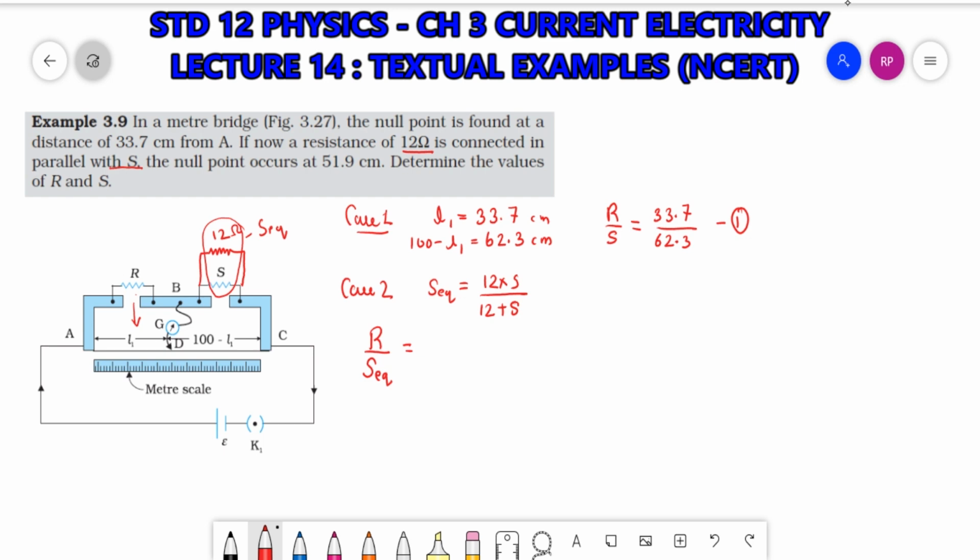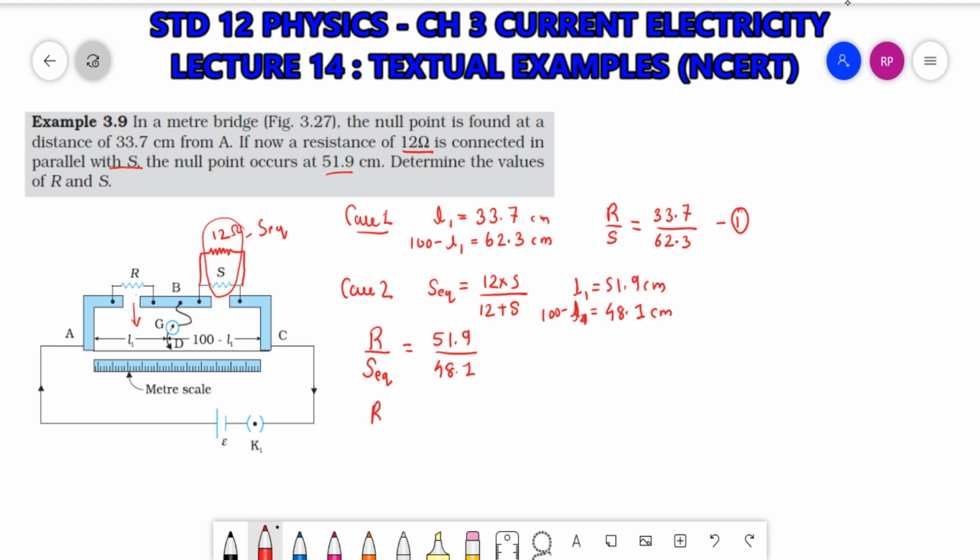What is the null point? 51.9, means L1 is equal to 51.9 centimeter. That means L2 will be 100 minus L1, that will be equal to 48.1 centimeter. So opposite to R is L1, that is 51.9 upon 48.1.